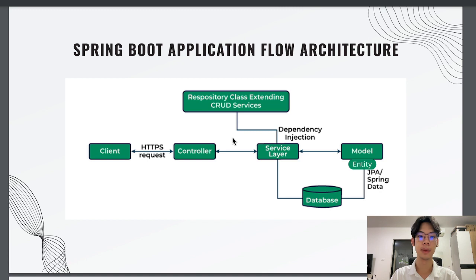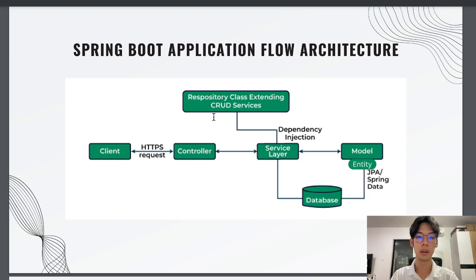Next is the Spring Boot application flow architecture. In this example, I will lay out the flow of this application architecture. First, the client makes an HTTP request, which might be GET, POST, PUT, or DELETE, to the browser. Then the request goes to the controller, where all the requests are mapped and handled.